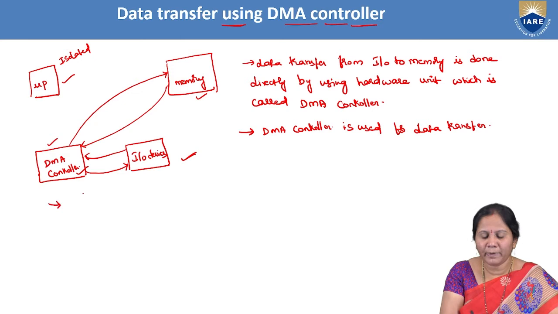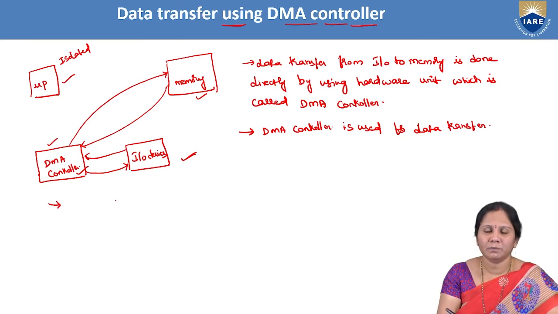Compared to the conventional method, where the data transfer happens by using software instructions, in this method the data transfer is performed by using the hardware unit. If we use this hardware unit and perform the data transfer between IO devices and memory, the data transfer rate will be increased compared to software instructions.